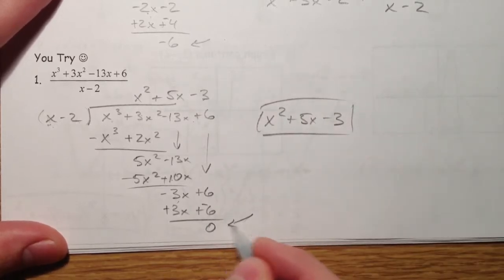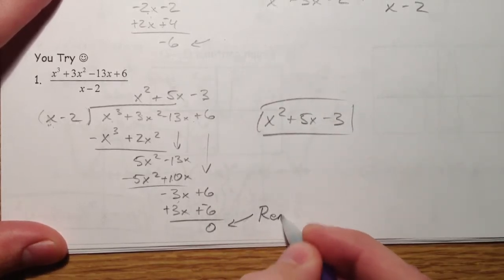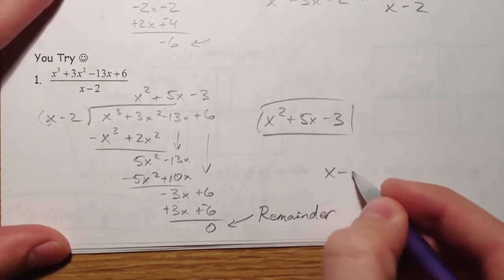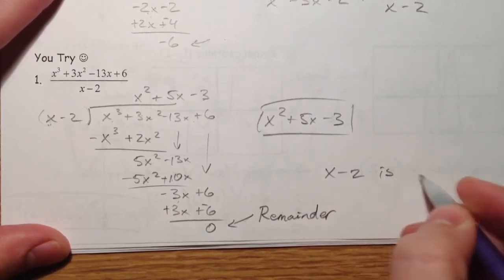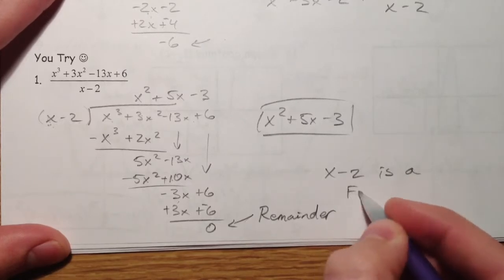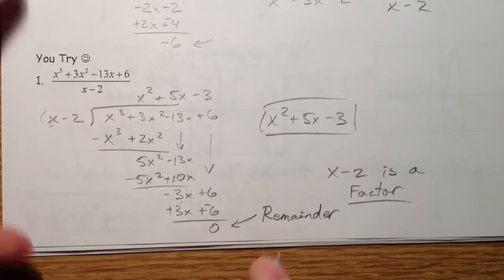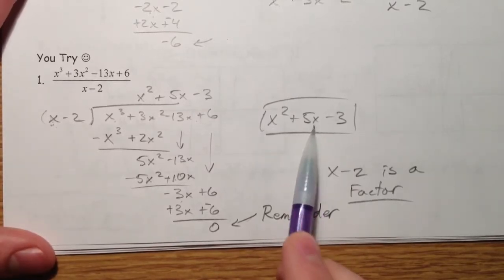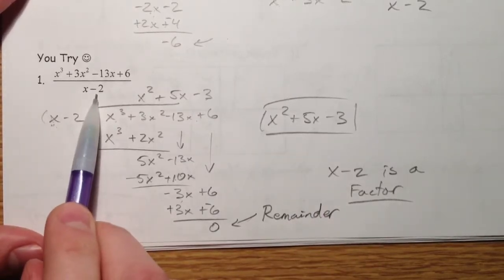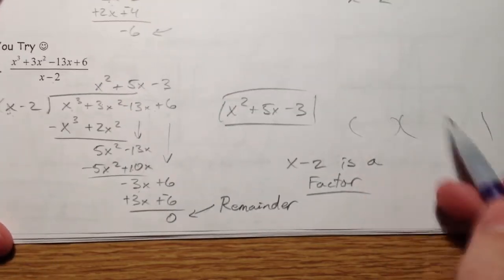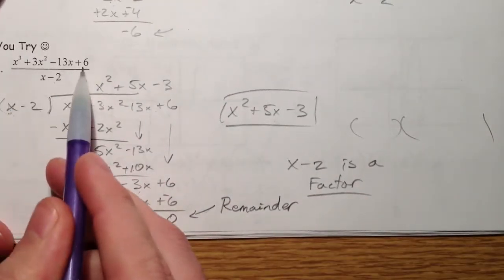Because this is a remainder of 0, x minus 2 is a factor. Now, if you took this and multiplied it by x minus 2, if you multiply that out, you would get what we started with.